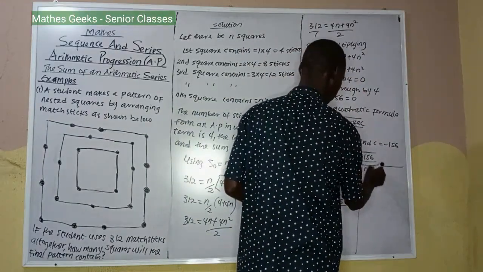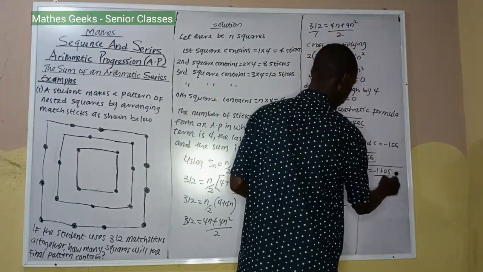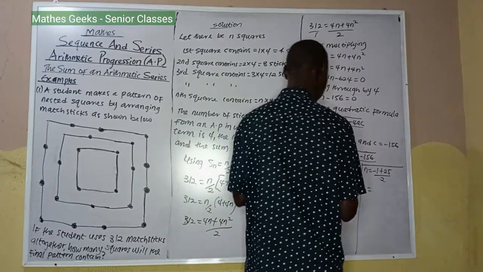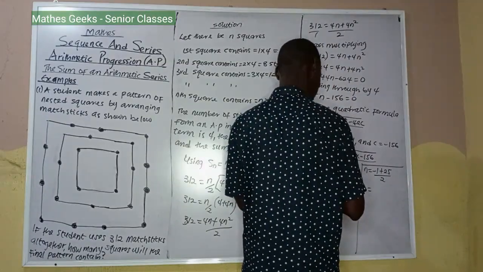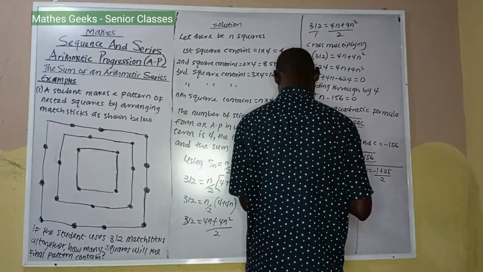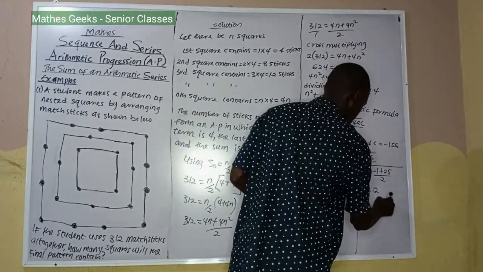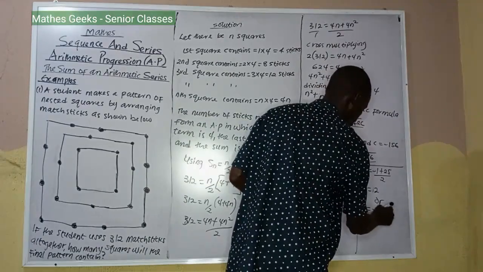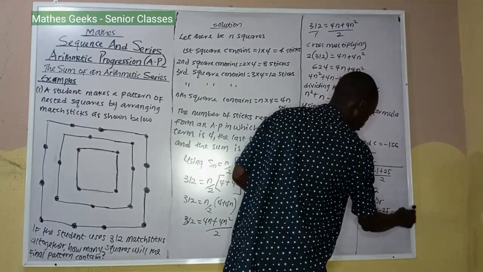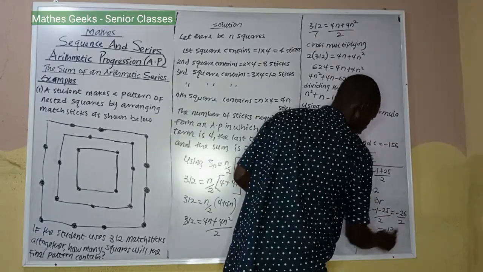So n is equal to minus 1 plus 25 over 2, which is 24 divided by 2, equal to 12, or n is equal to minus 1 minus 25 over 2, which is minus 26 over 2, that is equal to minus 13.